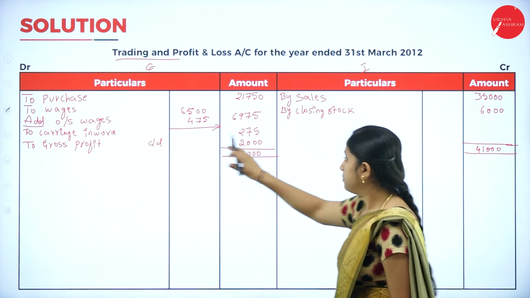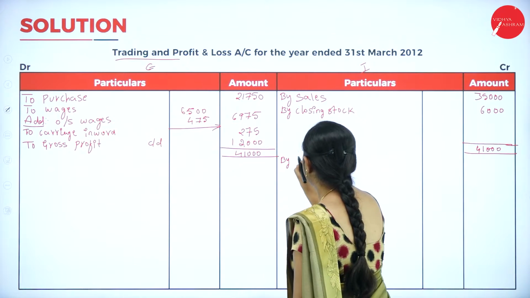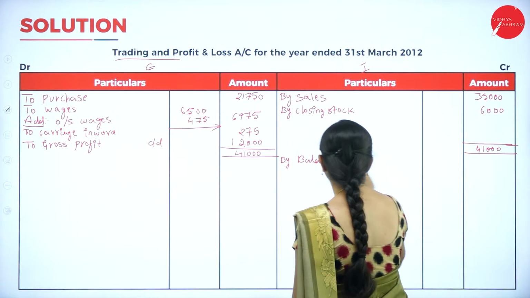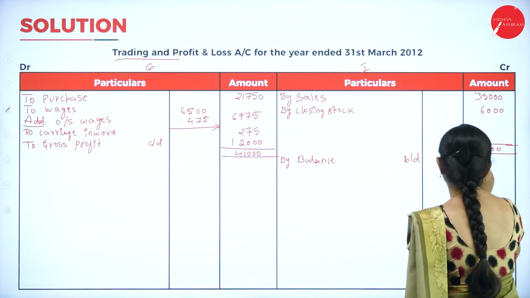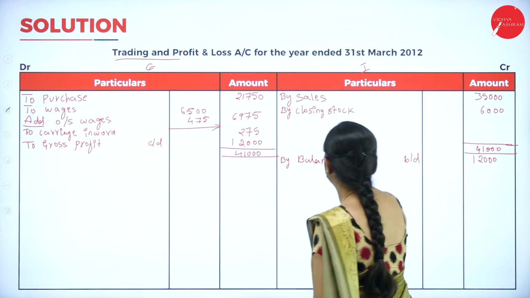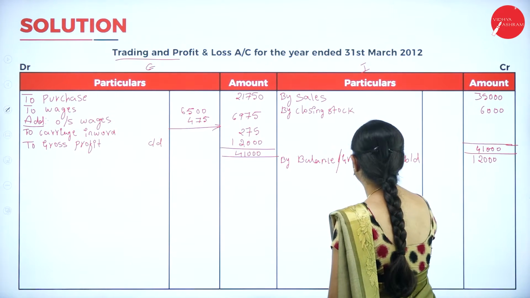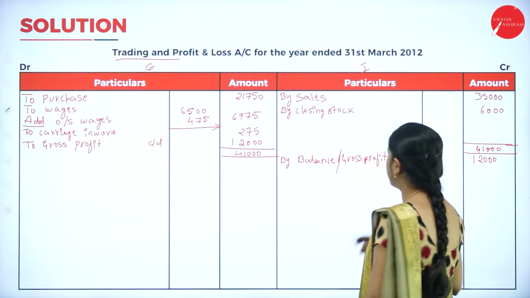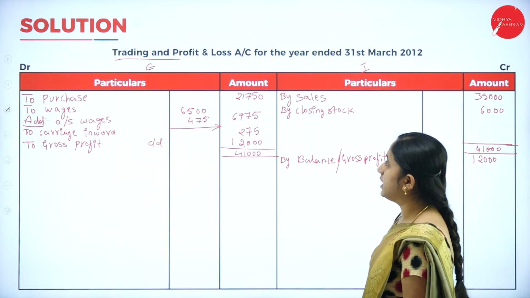So this carry down should be brought down on the credit side. By balance brought down rupees 12,000. Or you can write by gross profit brought down rupees 12,000. So we finished with the trading account.